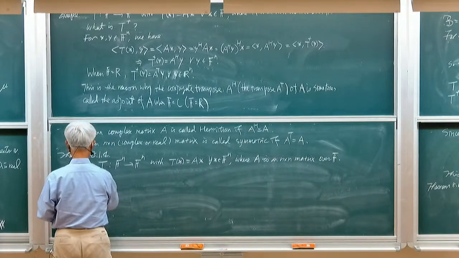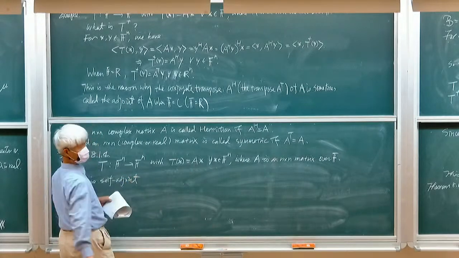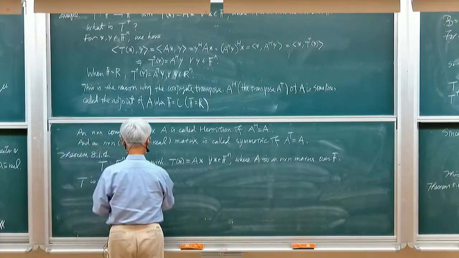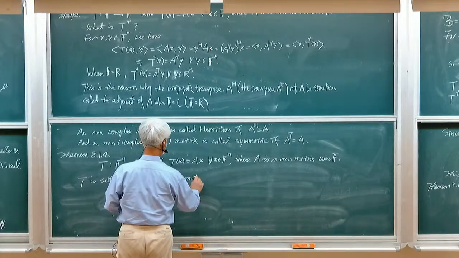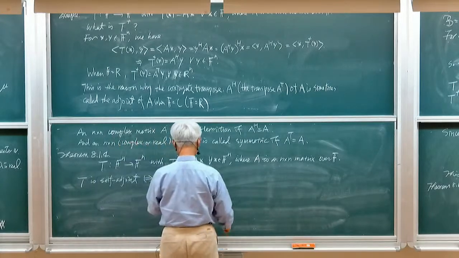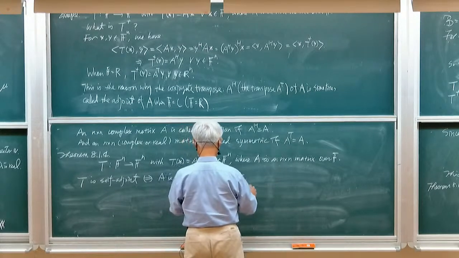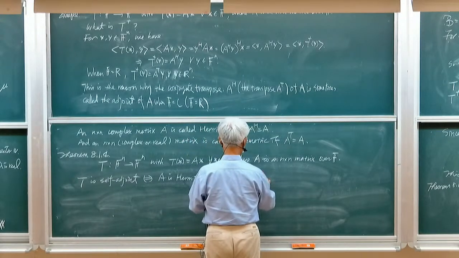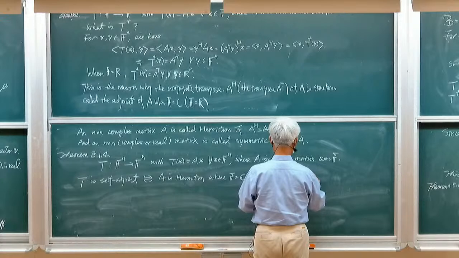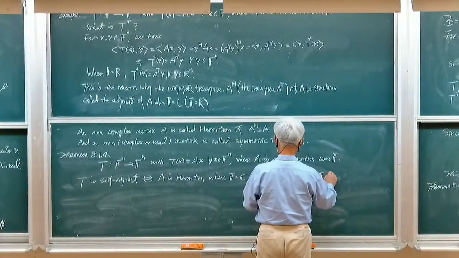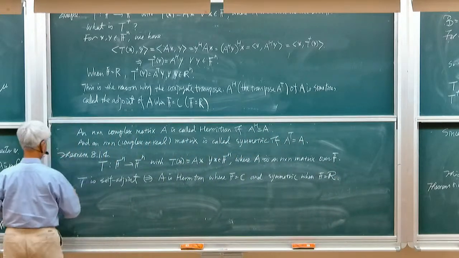Now T is self-adjoint if and only if A is Hermitian in the complex case and symmetric in the real case.